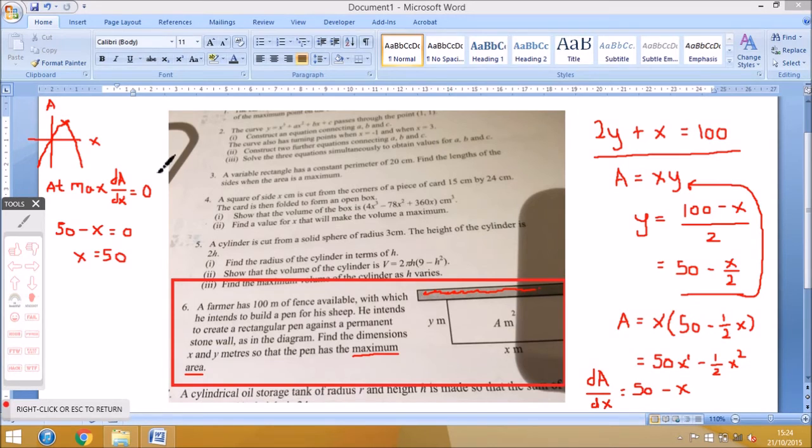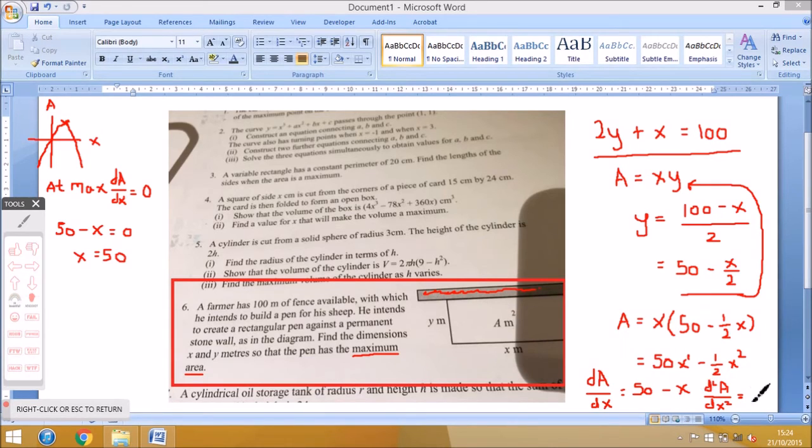But what you can also do is take the second derivative. Using the same rule again, you get d²A over dx².